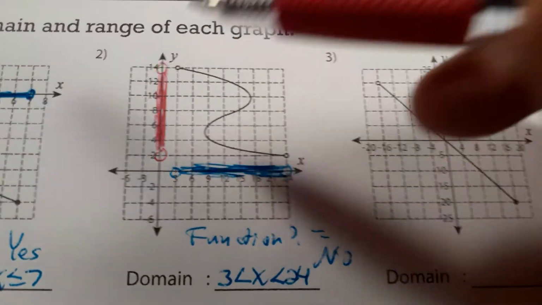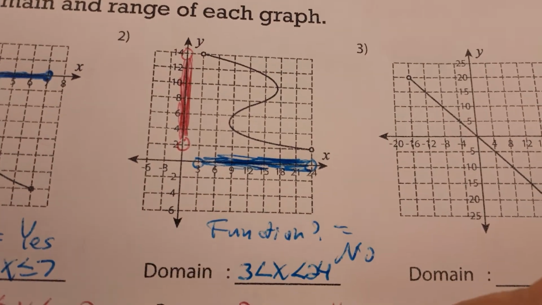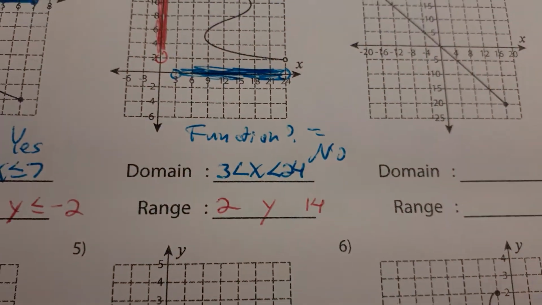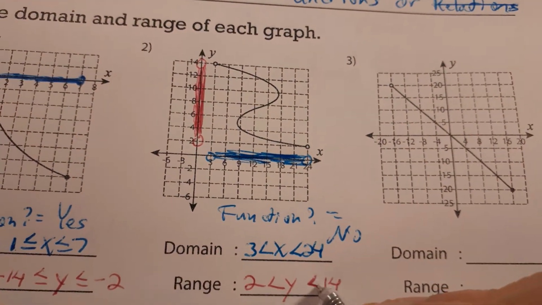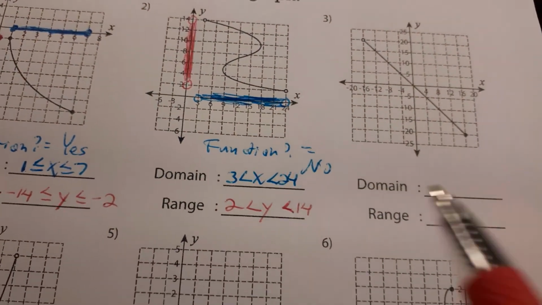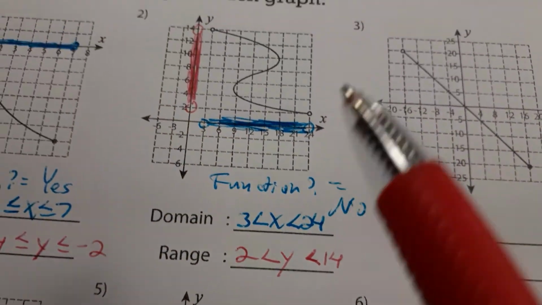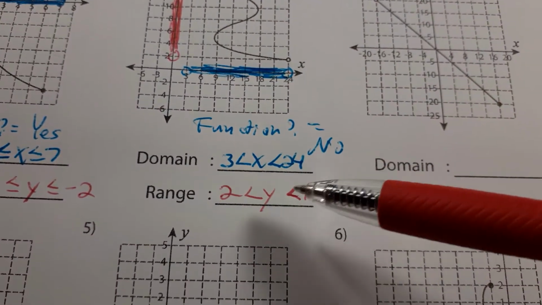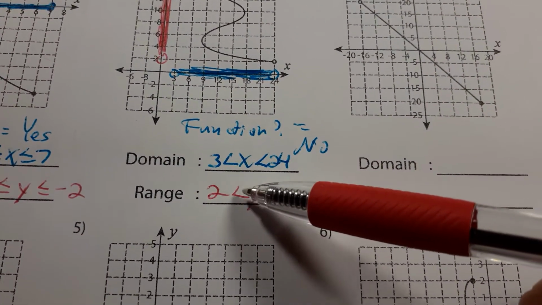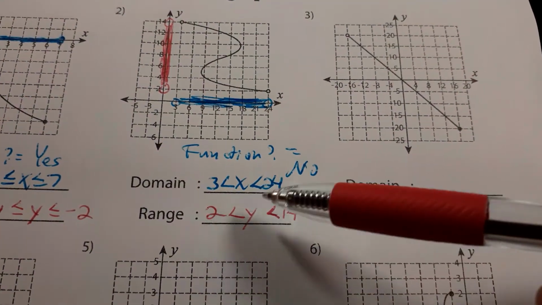It starts at 2, goes up to 14. So we're putting 2 here, 14 here, y in the middle. All right, once again, they're both open, so we keep our inequalities without the equal sign, meaning that it's open. And we have to be careful. The lowest number is 2, the highest number is 14, so we go from 2 to 14. Y is greater than 2, but less than 14, so to make sure we get these correct.